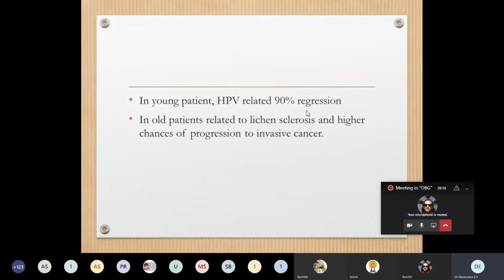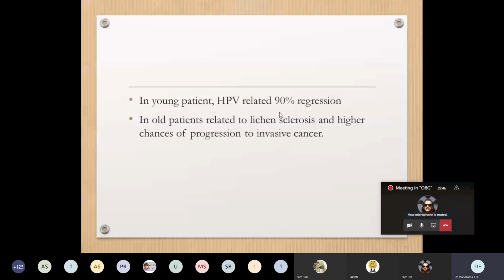So it will be spontaneously cured on its own most of the time in young patients. But in old patients it is related to lichen sclerosis. So what is this lichen sclerosis? Whenever it is associated with lichen sclerosis in old patients, it has the chance of progression to invasive cancer. This lichen sclerosis is a vulval dystrophy.